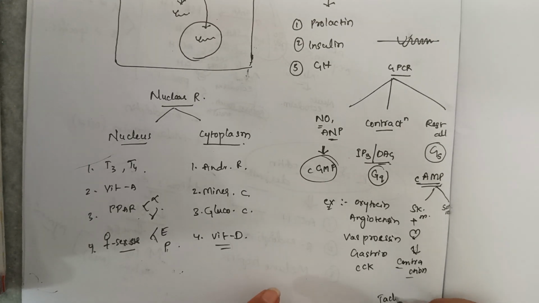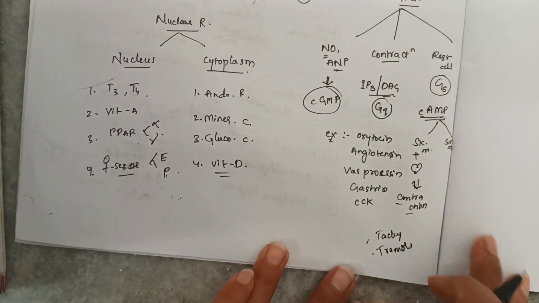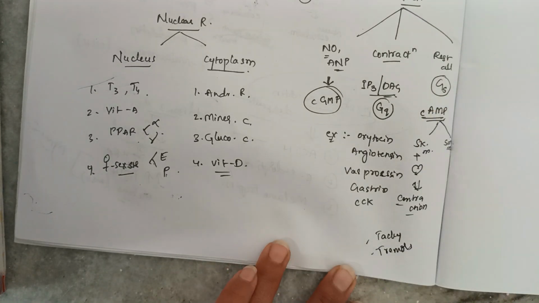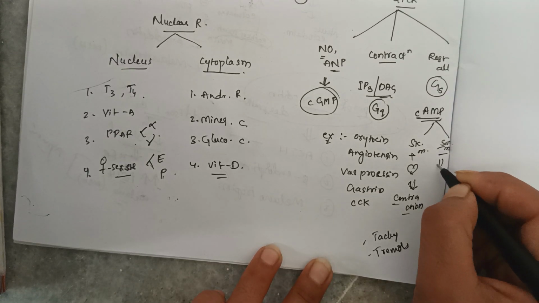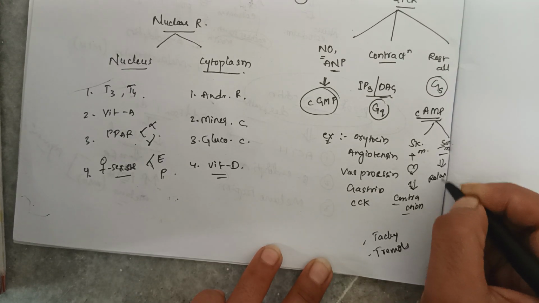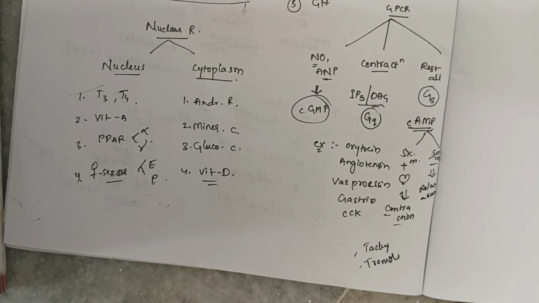So tachycardia and tremors will be the side effect of some hormones or drugs which act with this G stimulatory type. Whereas on the smooth muscles, it causes a relaxation effect. So this is the brief information about the hormones and their action.